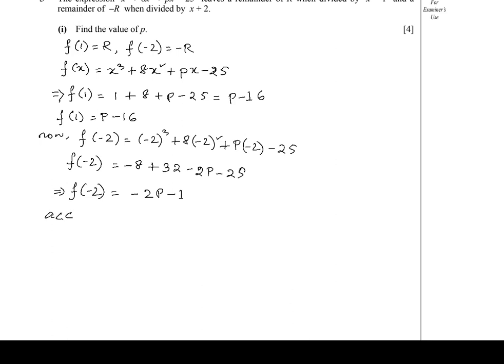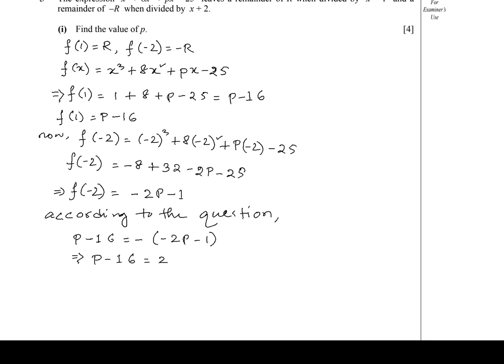Now according to the question, p minus 16 is equal to minus of (minus 2p minus 1), which can be written as p minus 16 equals plus 2p plus 1.